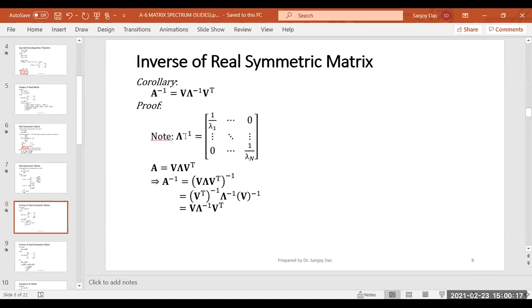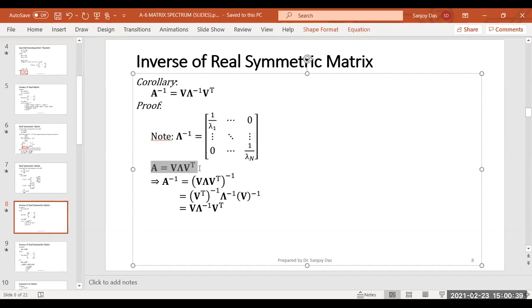How do we invert a diagonal matrix? All we do is take the multiplicative inverses of the diagonal elements. That's what we do with lambda inverse. Lambda inverse contains 1 over lambda 1 until 1 over lambda n.